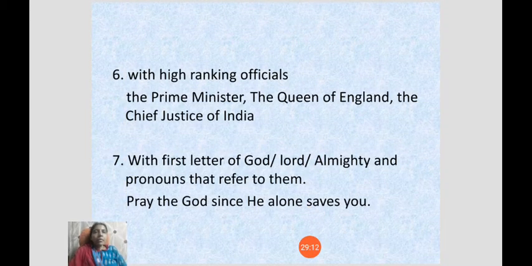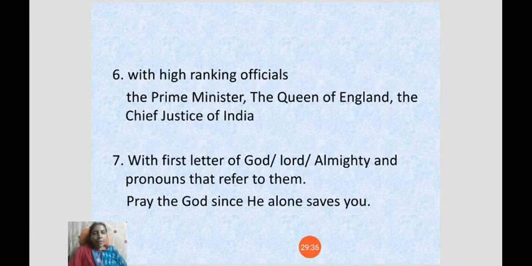Now next, with high ranking officials, the Prime Minister, the Queen of England, the Chief Justice of India. Prime Minister is one of the high ranks in our country.